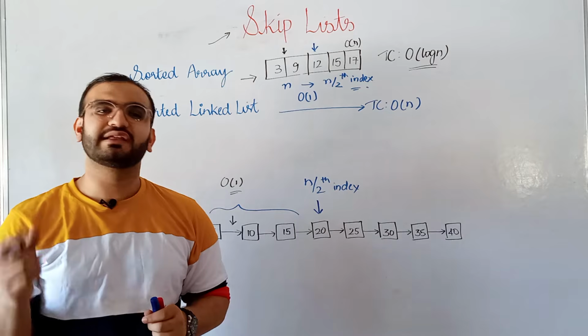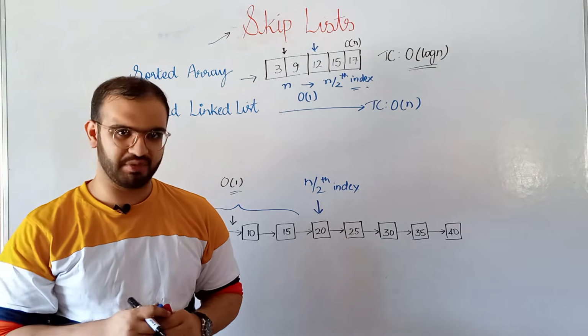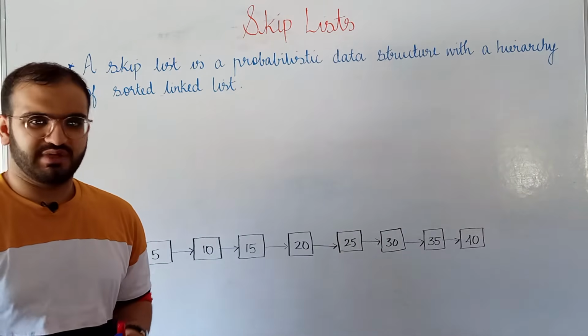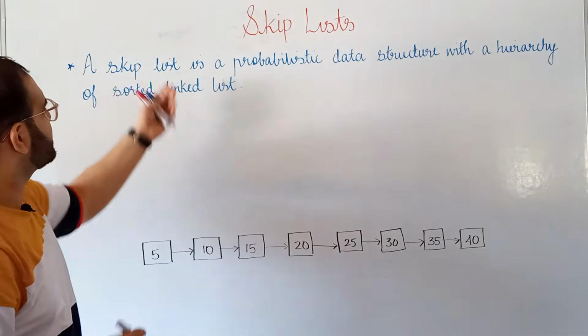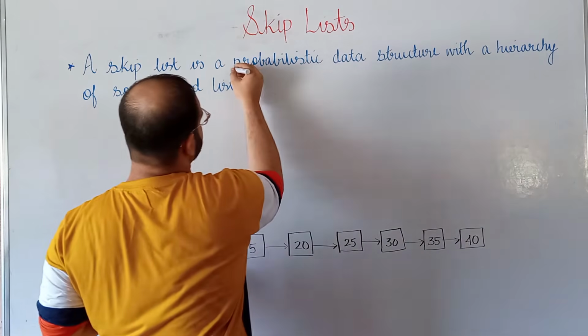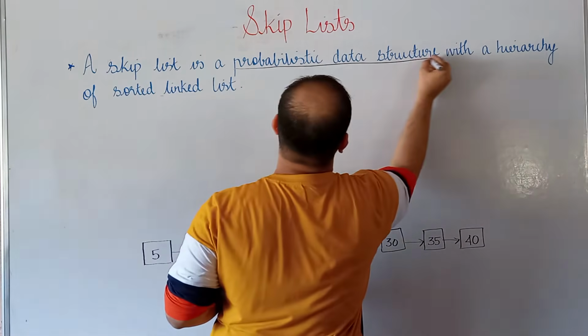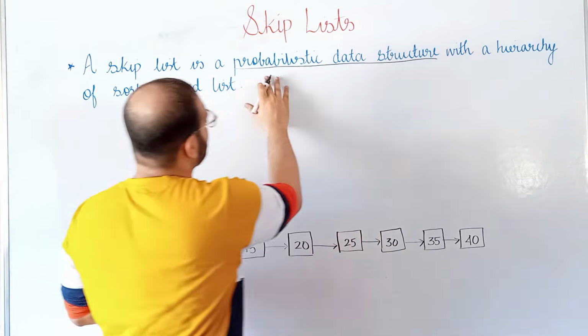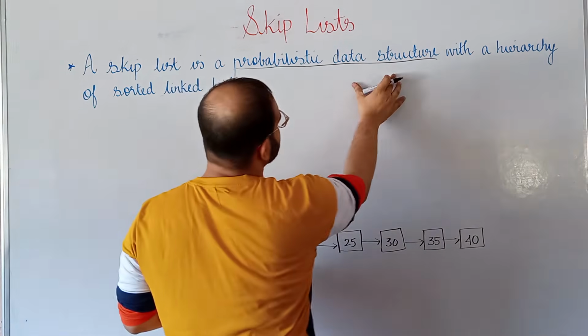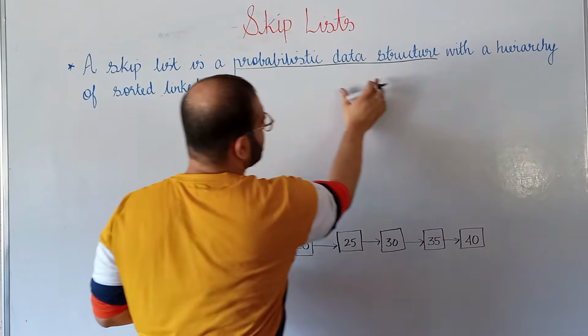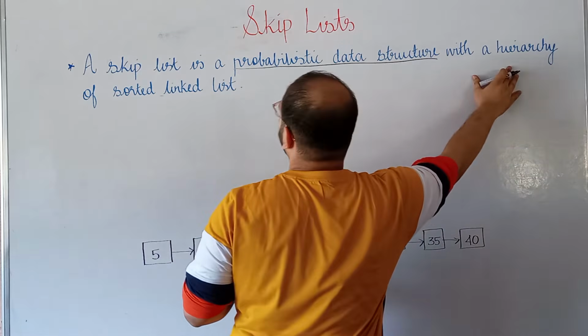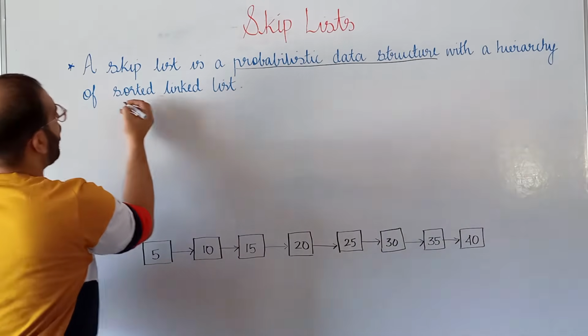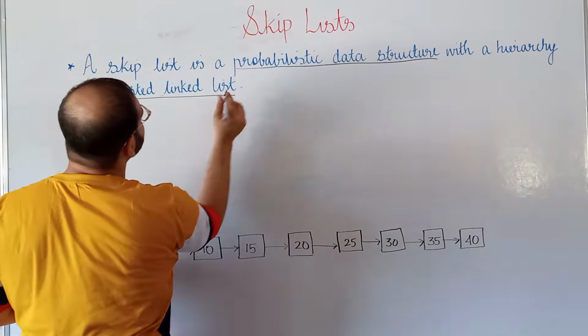So now let us see what a skipList is. A skipList is a probabilistic data structure, right? And we will focus more later on this property, that it is a probabilistic data structure, but it also has a hierarchy of sorted linked lists.